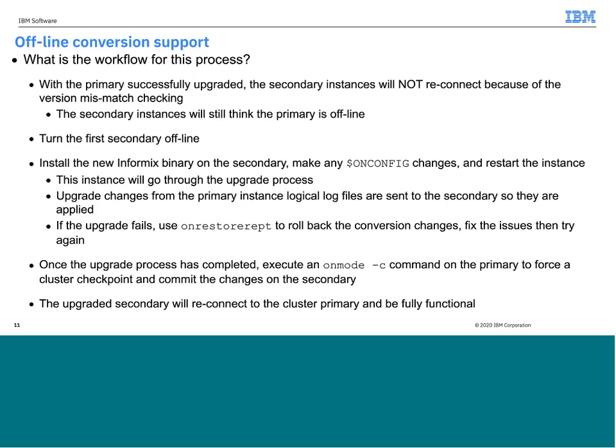Once that upgrade process has been complete on that secondary, you want to do an on-mode -C to force a cluster-wide checkpoint. So both instances are on the same checkpoint timestamp, and we know that one doesn't have committed transactions that the other doesn't. And that secondary is now online, operational, and you didn't have to reinitialize it.